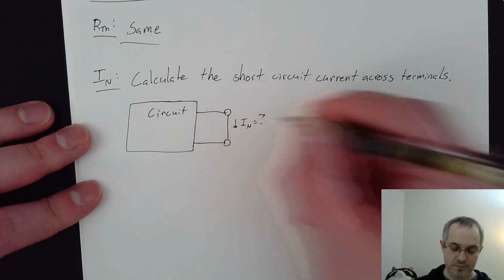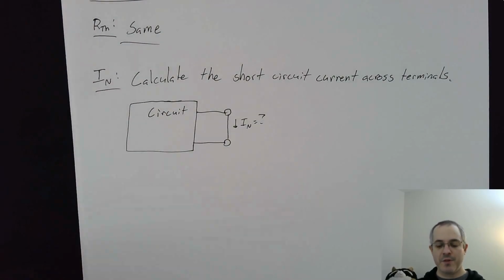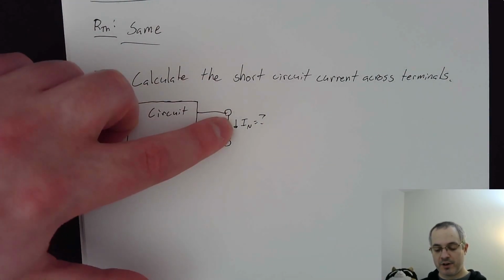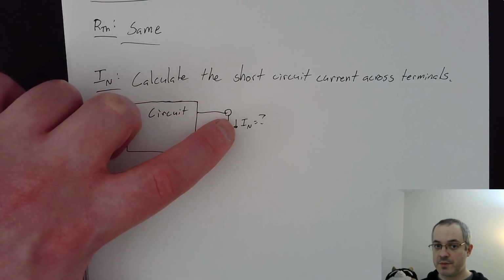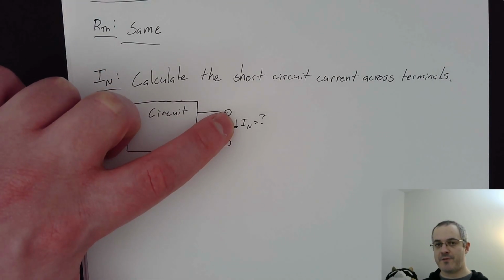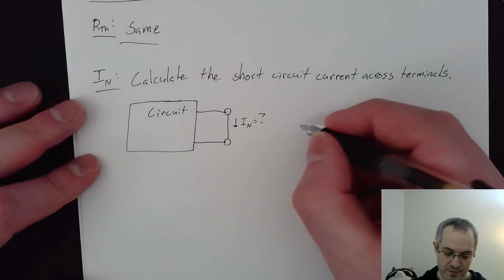IN equals what? The arrow there is, just like usual, totally up to you. We arbitrarily defined this as the direction of our IN that we are going to attempt to calculate. We could just as easily have it point up. It makes absolutely no real difference.